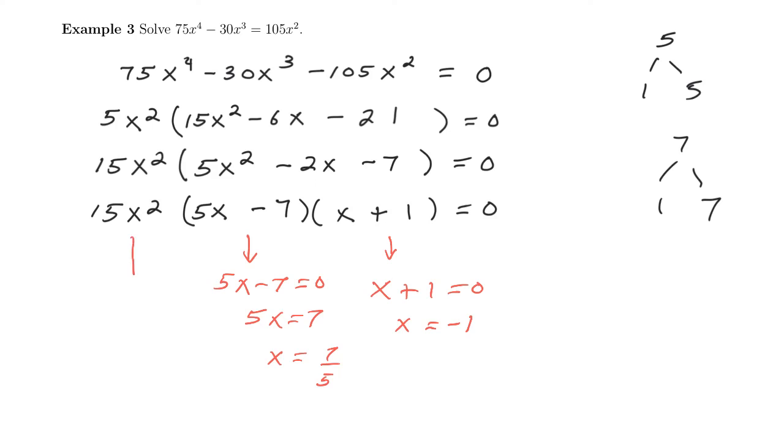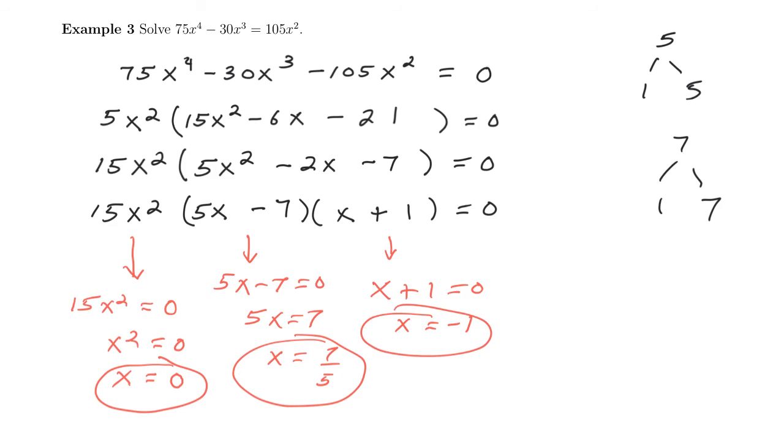But this thing, this 15x squared equals 0 gives me a solution as well. Like, I divide both sides by 15, I get x squared is 0. And I can just look at this and know that, oh, well, if x squared is 0, then x equals 0 must be a solution too. So I have 3 separate solutions.